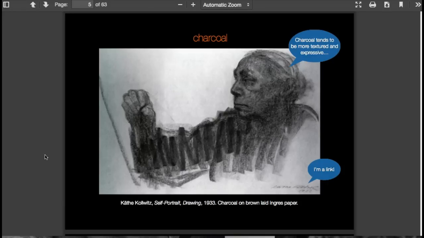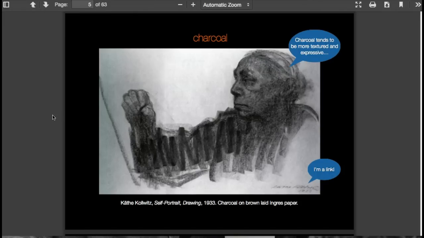Charcoal tends to be more textural, more expressive. This is a link. It will talk to you a little bit about Kathe Kollwitz, who used charcoal in really compelling ways to do a lot of self-portraits, a lot of work during World War I and World War II, about loss, about motherhood, about mothers experiencing loss. That was the main theme of her work.